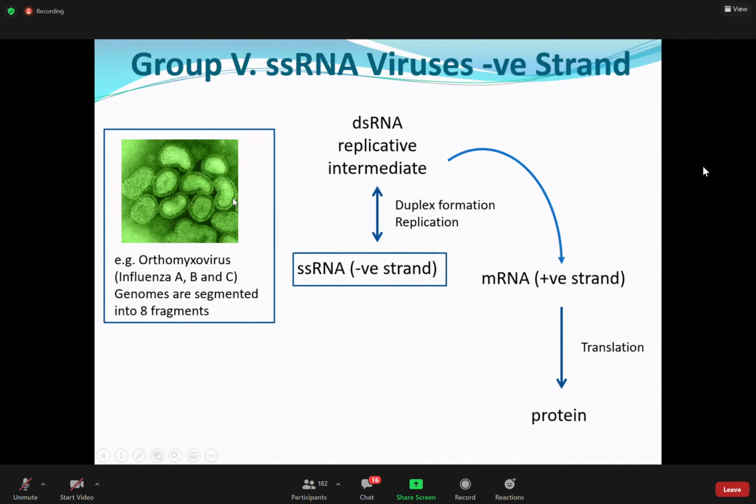An example of this are these viruses which cause influenza, which are called orthomyxoviruses. So basically, once the virus infects a cell, that virus-specific enzyme creates plus-strand RNA, which acts as a template to make more messenger RNA.